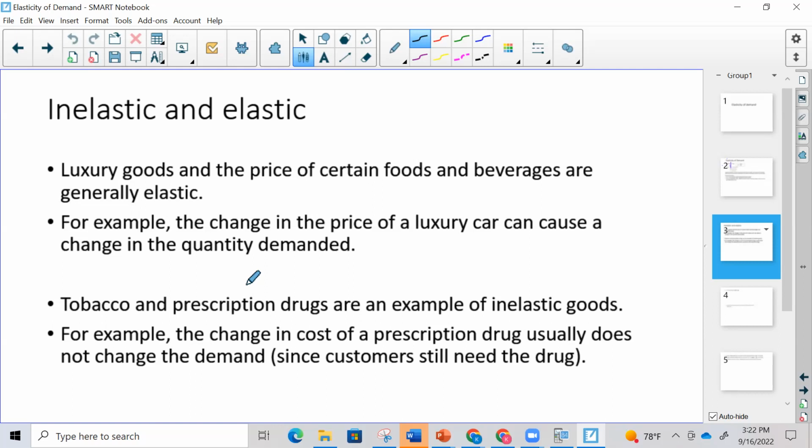For example, the change in cost of a prescription drug usually doesn't change the demand because people still need the prescription drug. Same with tobacco. Even when they increase tobacco prices, even significantly, generally people are addicted to tobacco, so they're still willing to pay the price. So the demand does not change and is considered inelastic. And that would be shown by the type of demand function that there is.